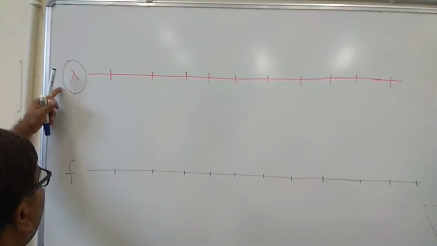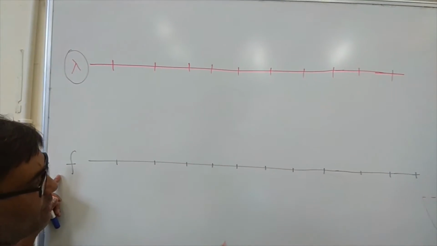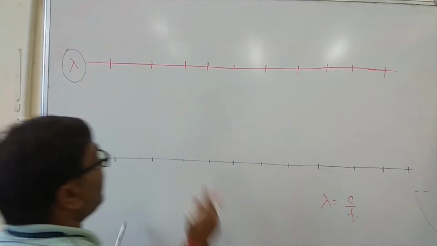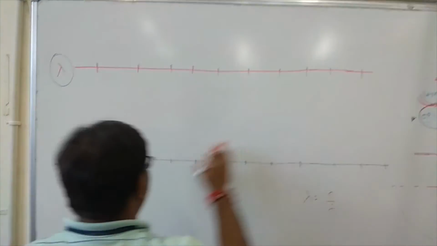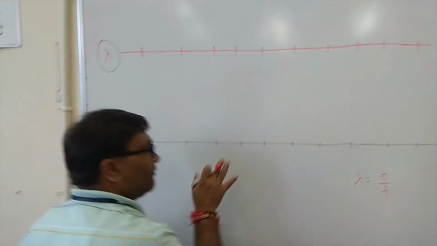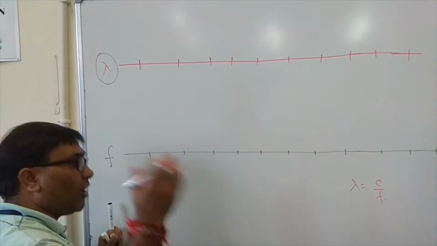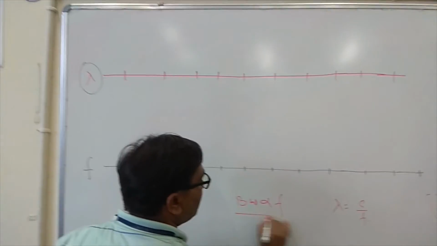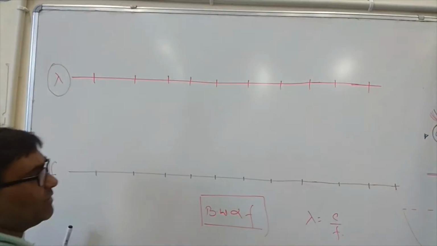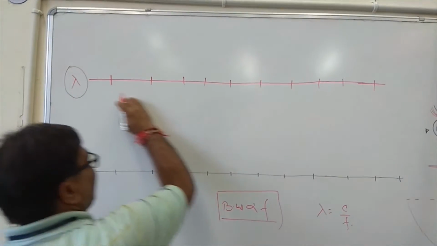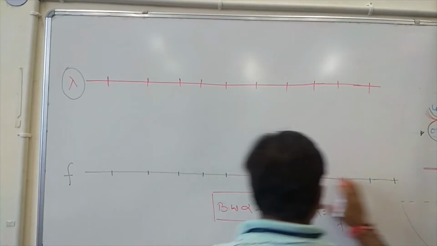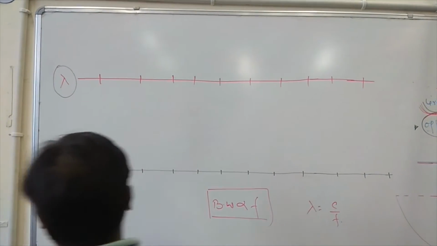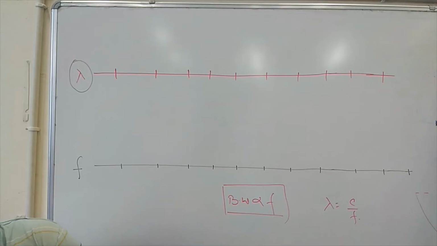Now see, lambda and f are inversely proportional, right? If the lambda value increases, frequency decreases. But here we are looking for very high bandwidth, and we already said bandwidth is proportional to frequency. So what do we need to do? Wavelength decreases, frequency increases. Simple.